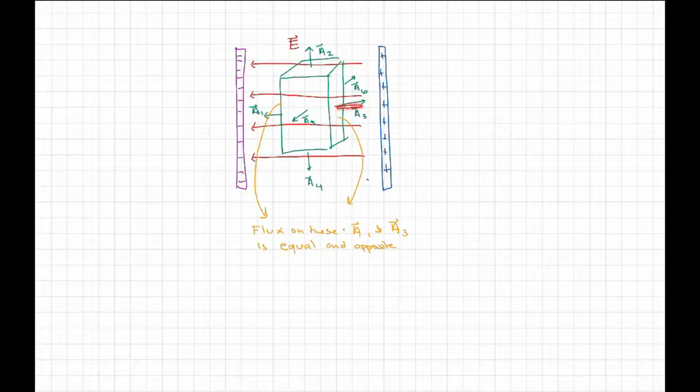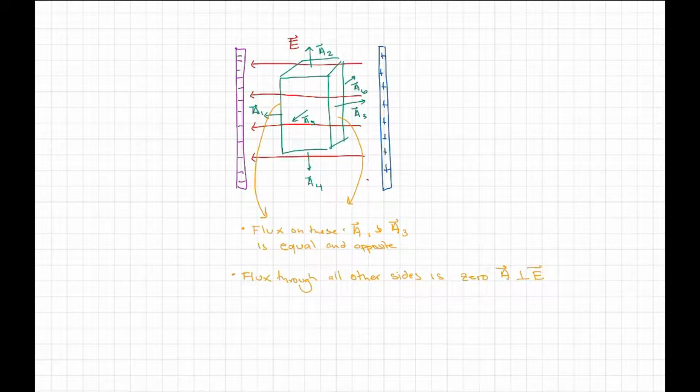So we get a negative flux, and here we're going to have a positive flux. Okay, so those two sides are going to cancel out because the flux is equal and opposite. The flux through all of the other sides is 0, because the area vector is perpendicular to the electric field on all the other sides.